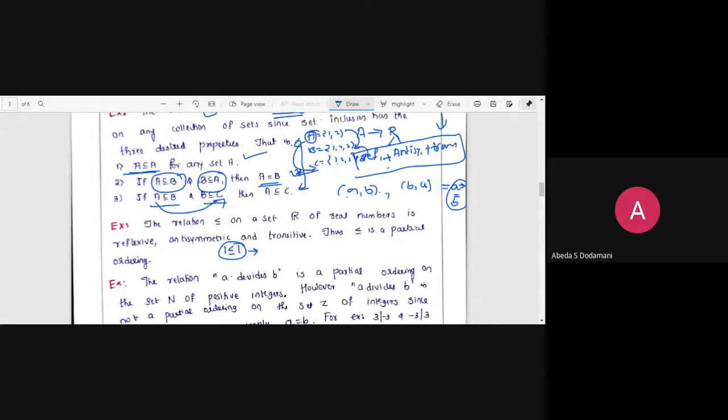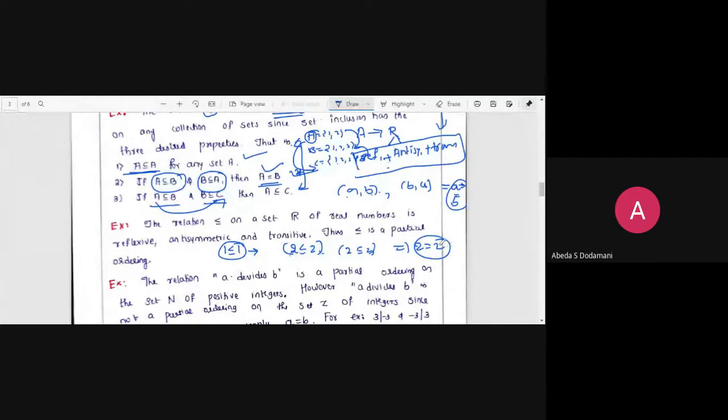Similarly, if 2 is less than or equal to 2, and 2 is also less than or equal to 2, it implies 2 is equal to 2.